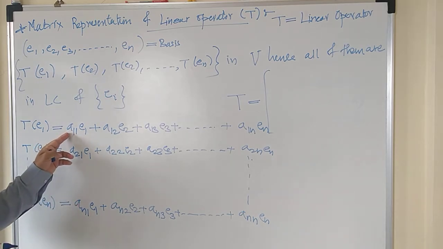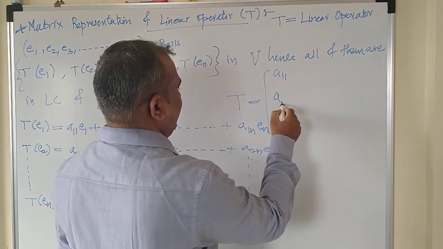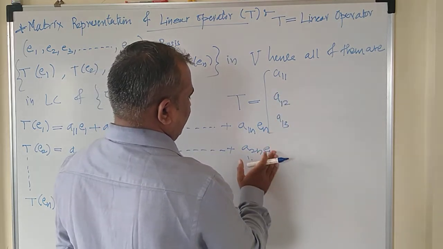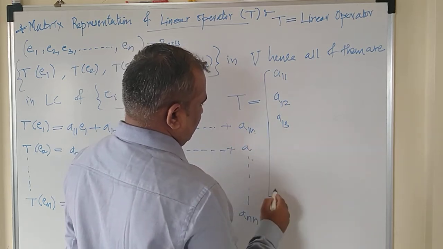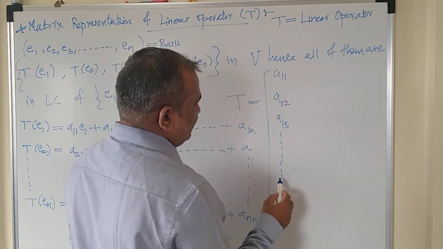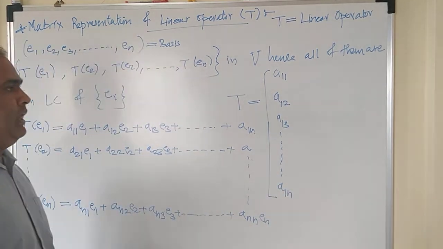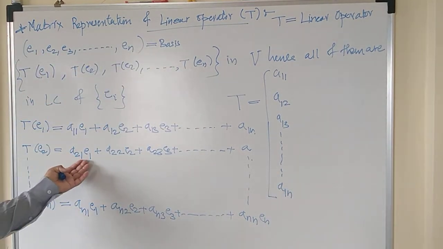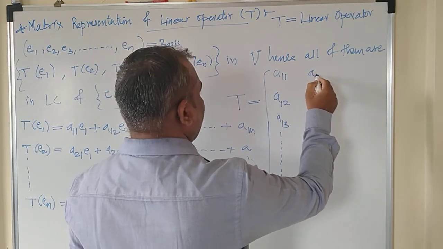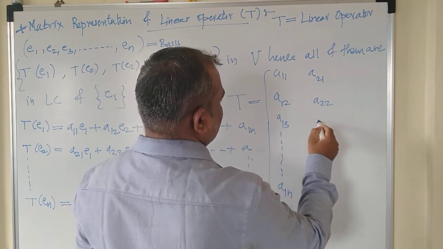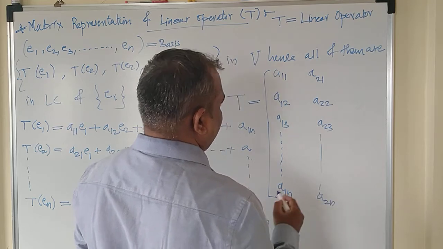So A11, A12, A13 will be in the first column, and the last element of that column will be A1n. Similarly, the second column will be the coefficients of this, so this is A21, A22, A23, and in this way you will get A2n.